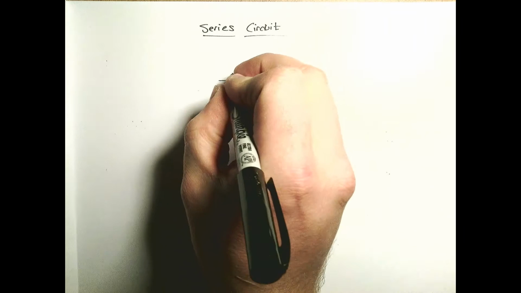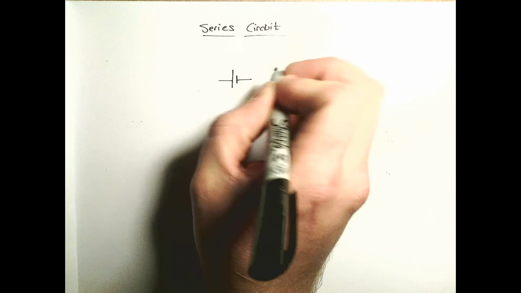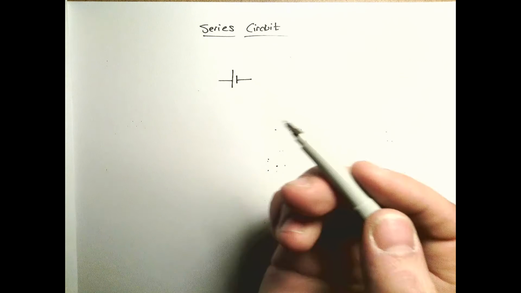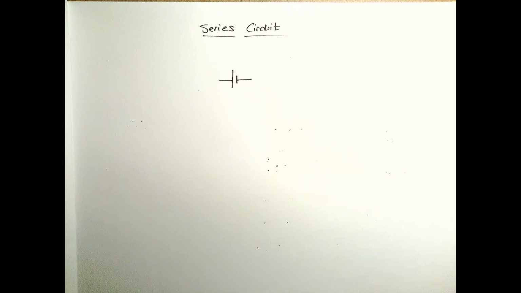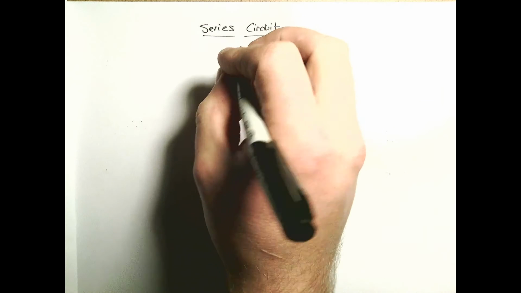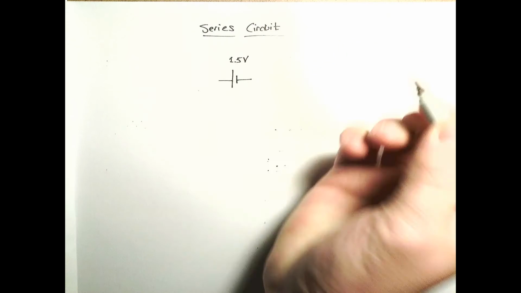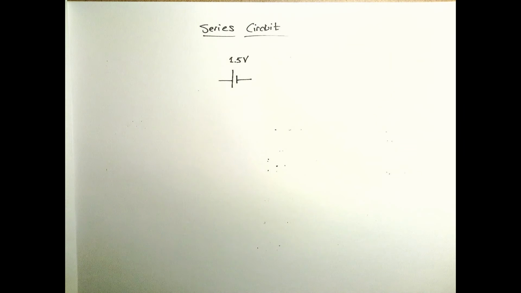So the first thing you always draw is a cell. Let's just pretend we're using a D battery, and I'm going to make it 1.5 volts. We're going to draw circuits like the ones you could actually make in class, so we won't be using LEDs in our symbols because we don't have LED lights in class.